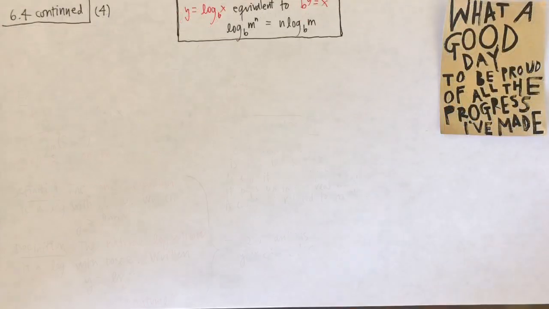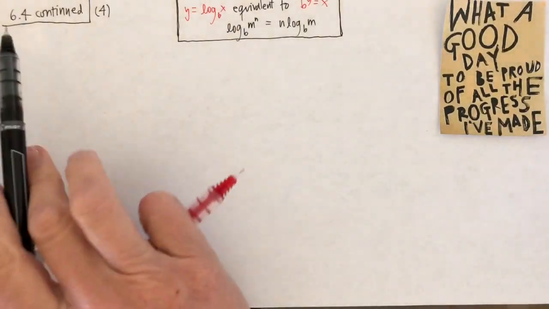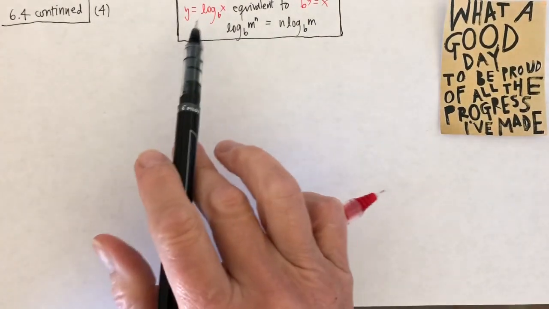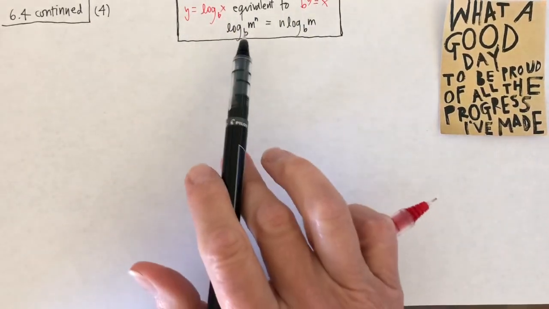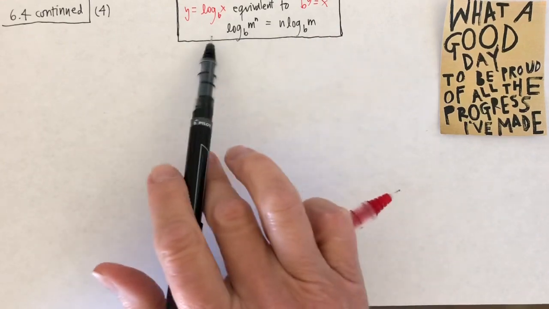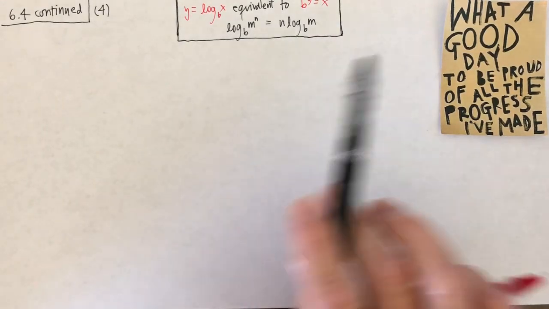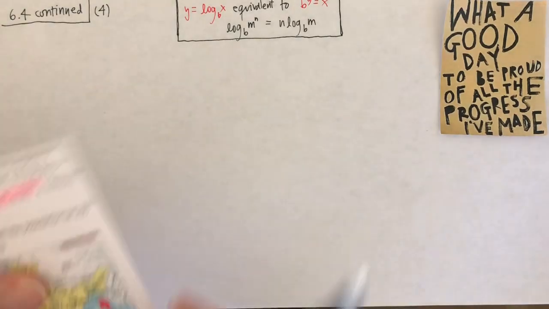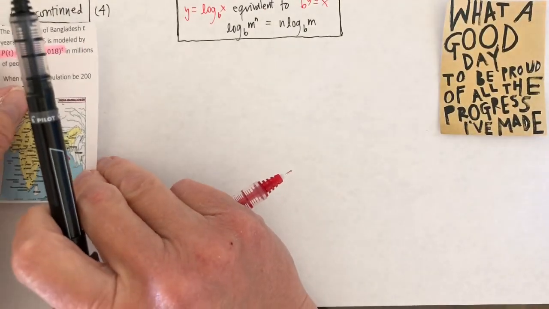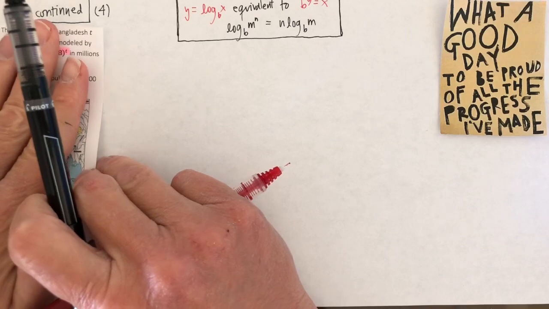Okay, we're starting to have some really good tools. We're still talking about 6.4. This is the translation between logarithms and exponentials, and this is the really powerful rule, the power rule of logarithms, that we're going to use. And remember to be proud of all the progress you've made. You're doing great. I want to go back to this problem, the population of Bangladesh.